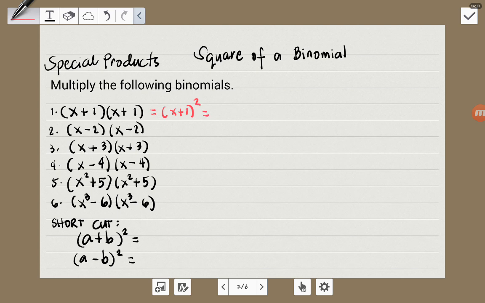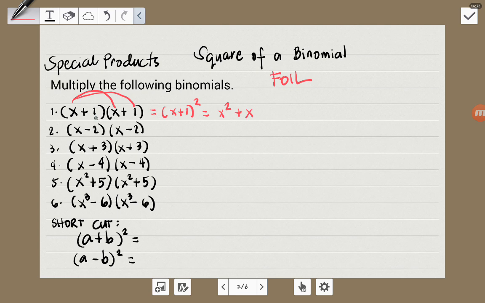Let's try to multiply that using FOIL method muna, without the shortcut. Again, multiply the first terms: x times x, x square. Outer term, x times 1, that's positive x.